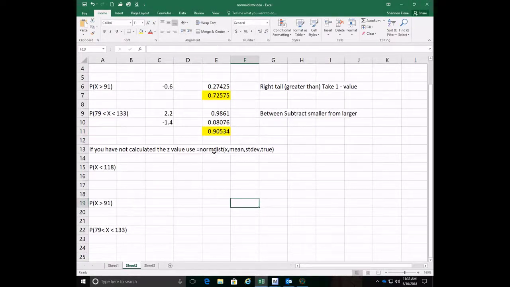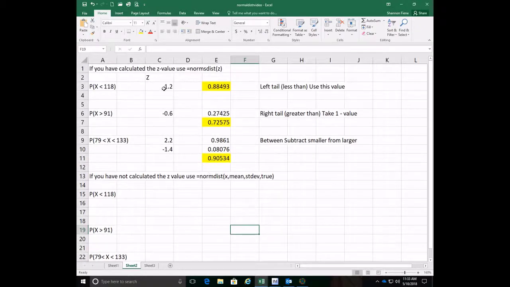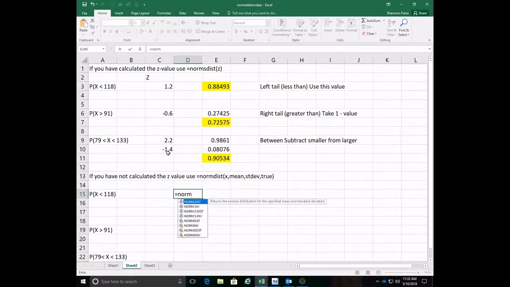We also have a distribution called NORM.DIST. And if you use this one, then you don't calculate the z first. It's only for calculating the probability. In most of the problems you'll have on homework, they're going to want your z-values, so I strongly encourage you to calculate that. But if you just want to know the probability, you can do NORM.DIST, and you put in your x value, so in this case it'd be 118.